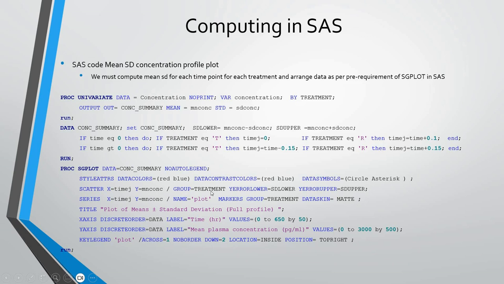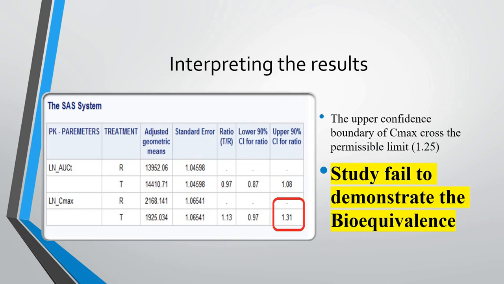Group means treatment. And then my error bars come from this code. And then this is again a series. Series means it's going to connect your dots, nothing else. Then this is the title, and for the x-axis, what label, what should be the value, minor axis, major axis, tick marks, that's all. And that's how you generate the graph.